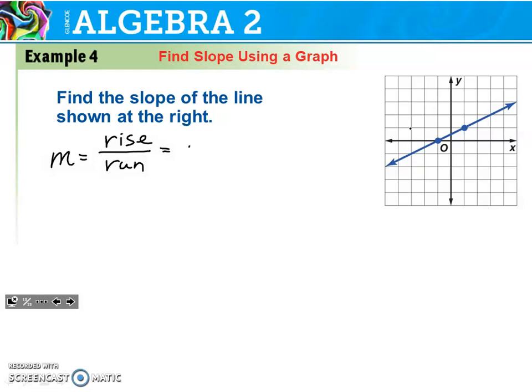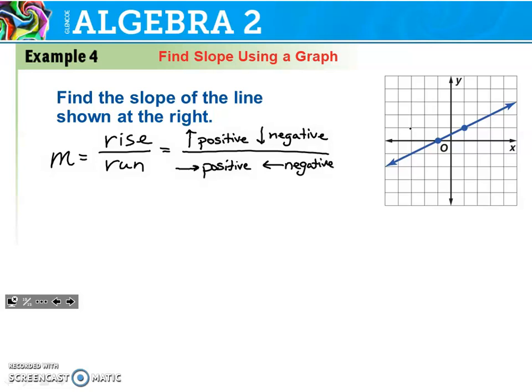If you are moving up, that's going to give you a positive value. If you're moving down, that is going to give you a negative value. Okay? And that's for rise. Positive is up, negative is down. Okay? When I'm dealing with run, if I am moving to the right, that is my positive values. And if I'm moving to the left, those are my negative values.